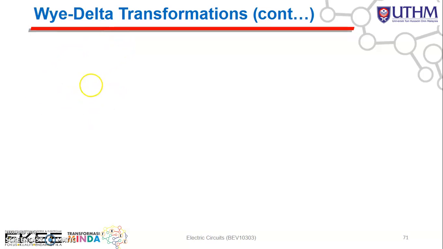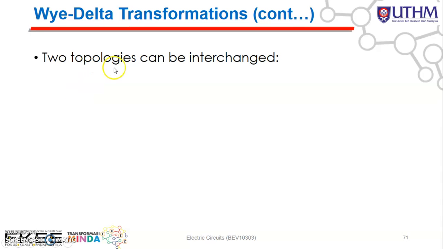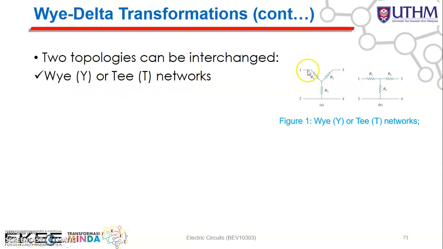Next, let's look at the topologies that we can transform. There are two topologies that you can interchange. The first topology is the Y network, or we can also call it a T network. You can see R1 connected to R2 connected to R3 like this, in a Y shape, so that's why we call it a Y network.